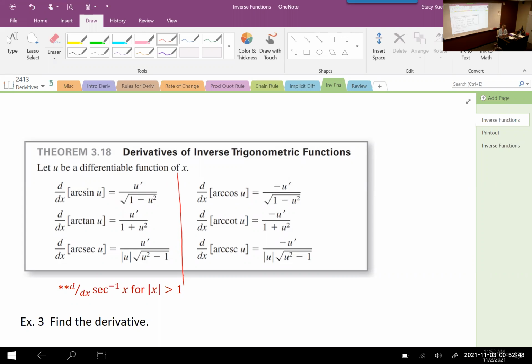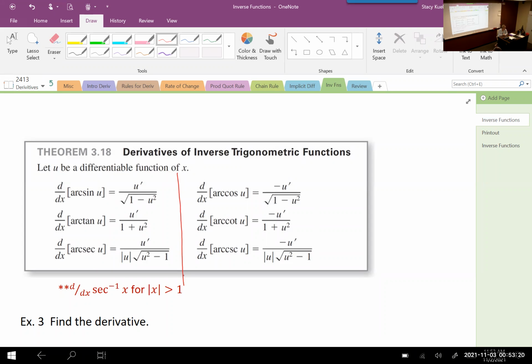And then recognize the co-functions. Remember our co-function identities, right? Sine and cosine are co-functions of each other. Tangent and cotangent are co-functions of each other. Secant and cosecant are co-functions of each other. And so if you recognize now, how are inverse sine and inverse cosine related? They're related by just the sign in that numerator. For inverse secant, it doesn't appear to be.